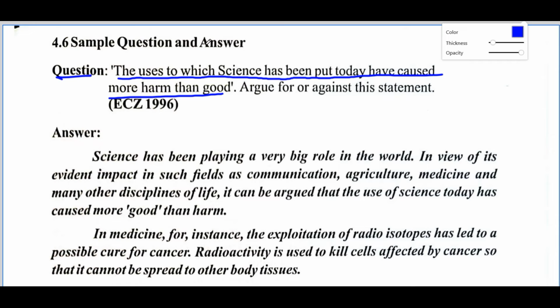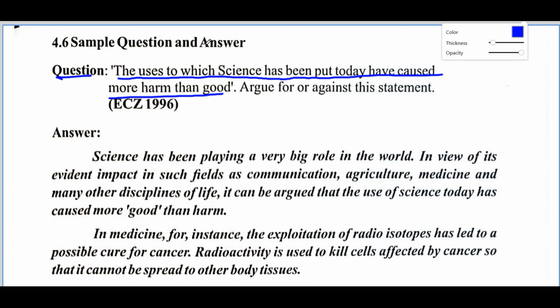So we are told science in terms of maybe making of phones, TVs, aeroplanes. We have science in agriculture. We have science in communication. Then everything, I'm sure we can see science. We're not talking about science in terms of the subject, no. We are looking at what science has brought, the items that we have made because of science. So from the statement, the writer wanted to say science has brought more harm compared to good.